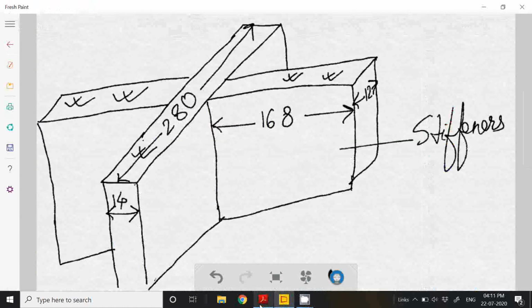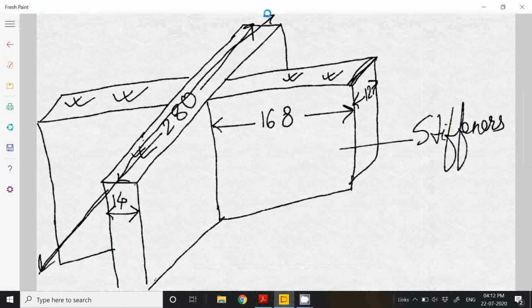So done. Now Ixx should be taken like this, along this direction. So what is it for the stiffeners? If this is taken along this direction, then this is B, and this is D. D for donkey, B for ball.